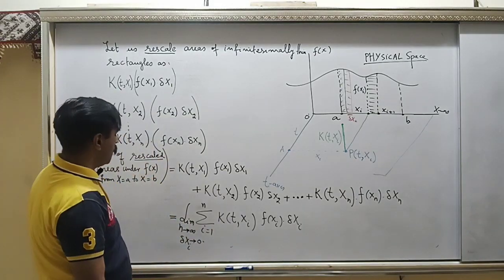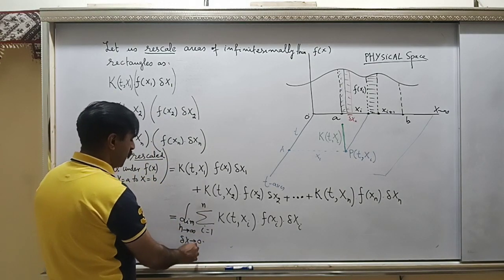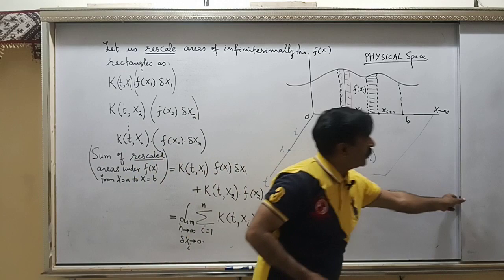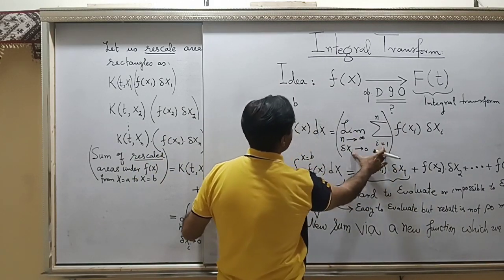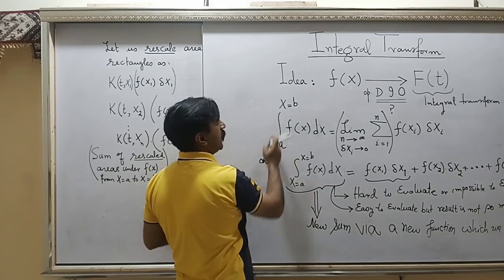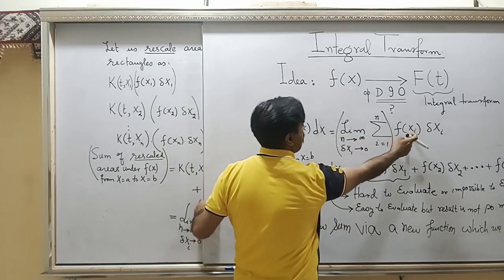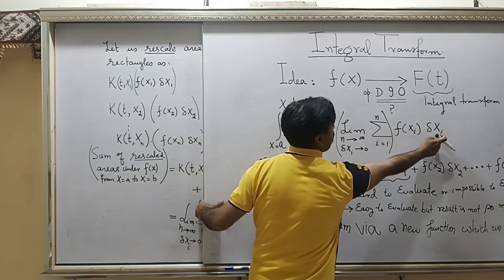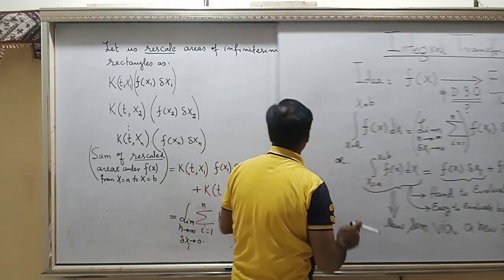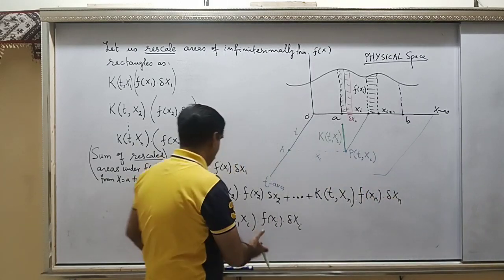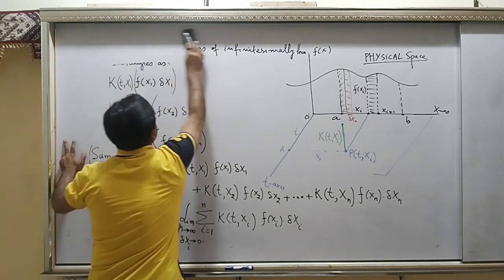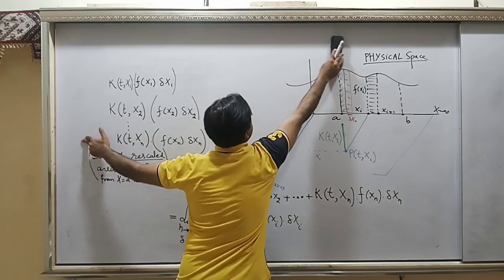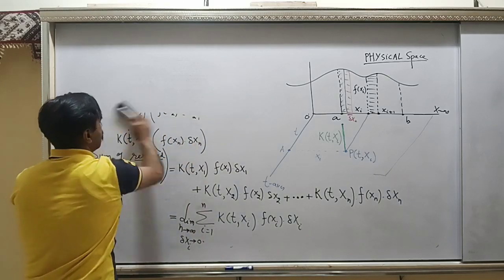Now you understand that this symbol is this integral, and this f(xi) is f(x), and delta xi is dx. So here you can turn this into a continuous sum, meaning the form of an integral.